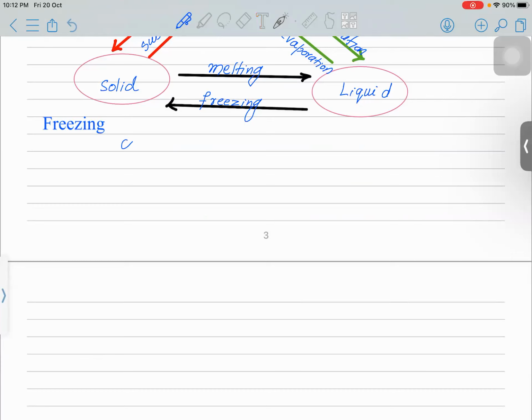It is a change of a liquid into a solid when temperature is decreased.